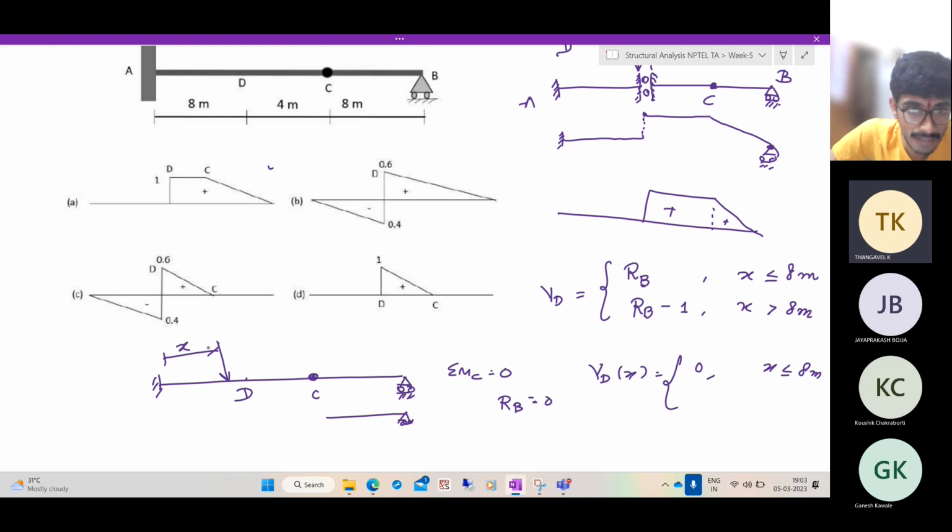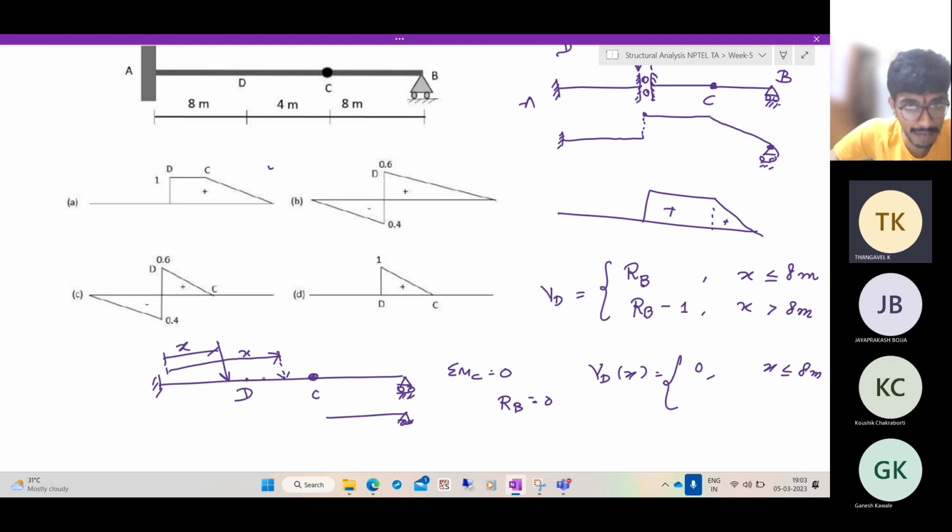Now suppose you take X greater than 8 meters, but it is in the span D to C. So suppose you take the second X here and apply the force here.